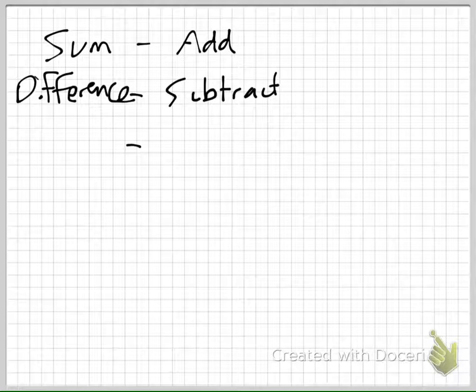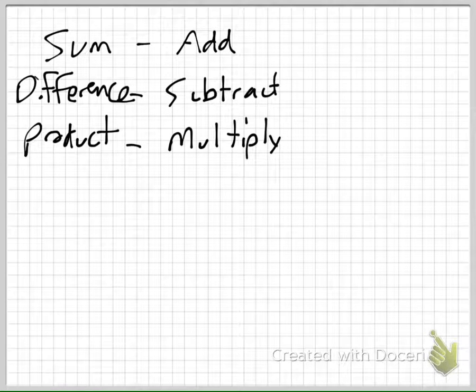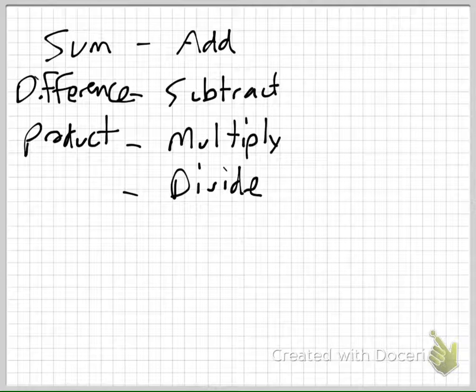What is multiply? Product. What is division? What's the word? What is the common mathematical jargon for two things that are being divided?